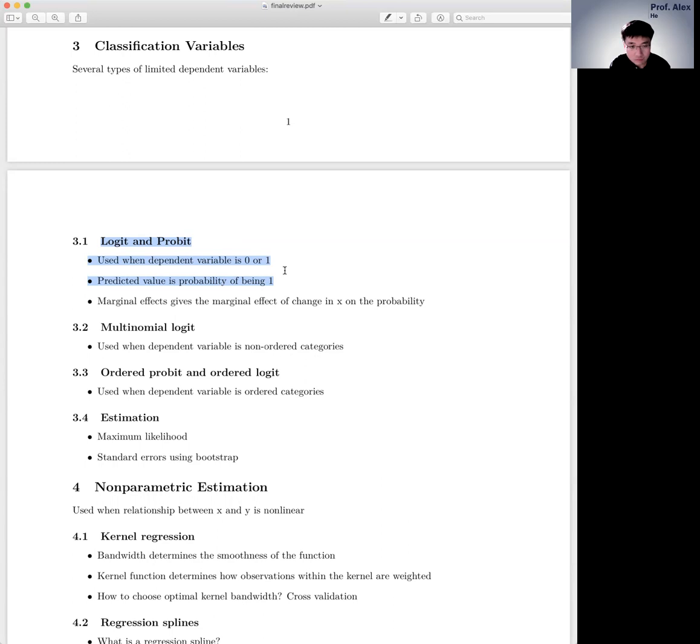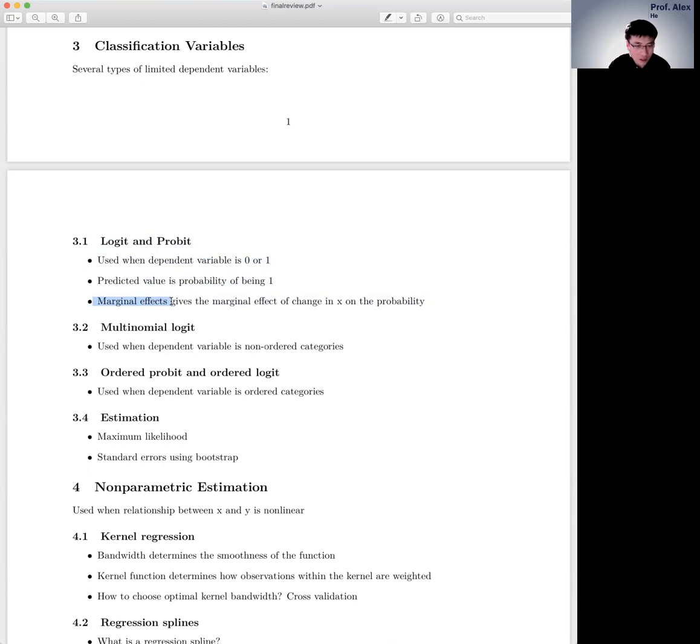And to estimate that is using the maximum likelihood, okay? And then after estimation, to interpret the coefficients, you should calculate the marginal effects, which is beta times a PDF at beta x.